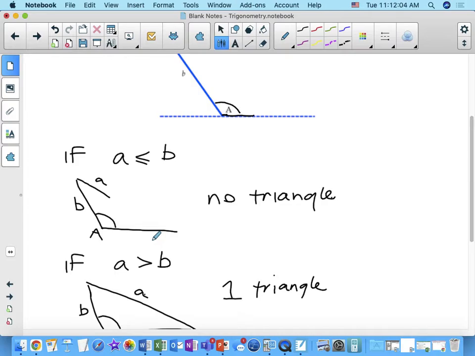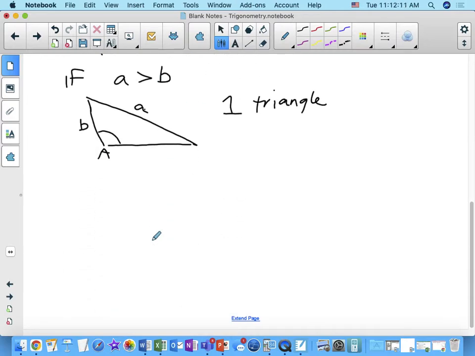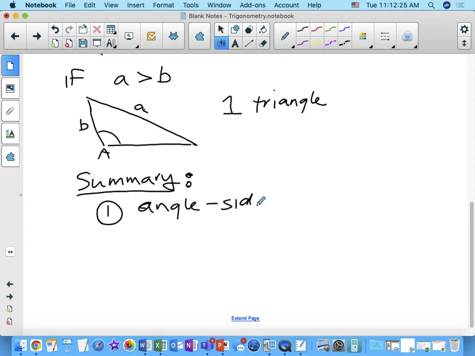And so, in summary, what are you looking for? You're looking for angle, side, side. And I would highly recommend drawing.